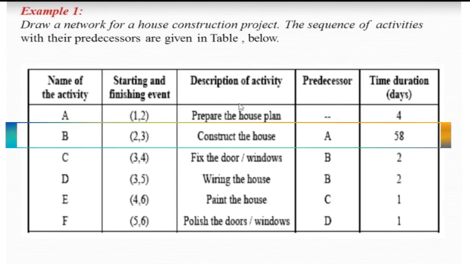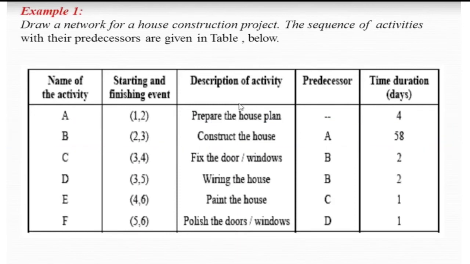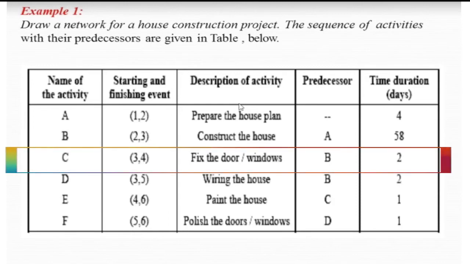Activity B has a 58 days duration. Now for letter C, the fixing of the doors or windows, the predecessor is B. So it means that after the construction of the house, activity C can be started, and the duration of this activity is 2 days, and so on and so forth.